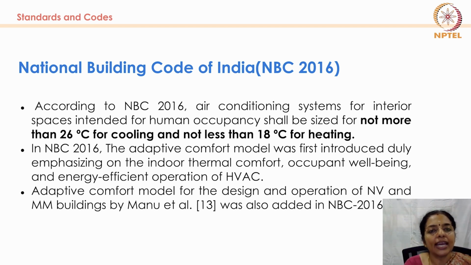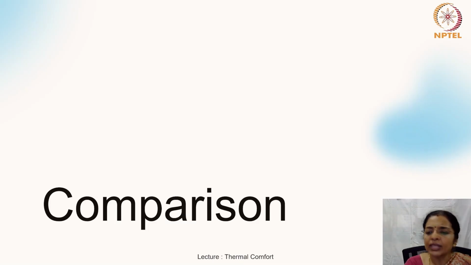In NBC 2016, the adaptive comfort model was first introduced, duly emphasizing indoor thermal comfort, occupant well-being and energy efficient operation of HVAC. The adaptive comfort model for the design and operation of naturally ventilated buildings was done by Manu, and this was also added in NBC 2016. Now quickly let us compare all the 4.